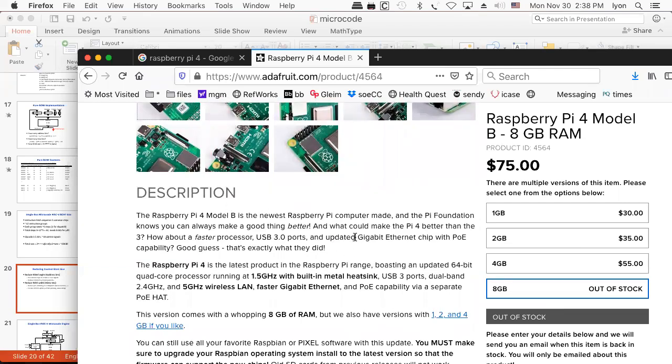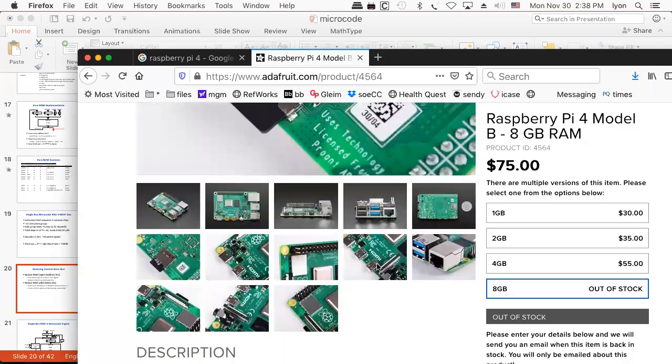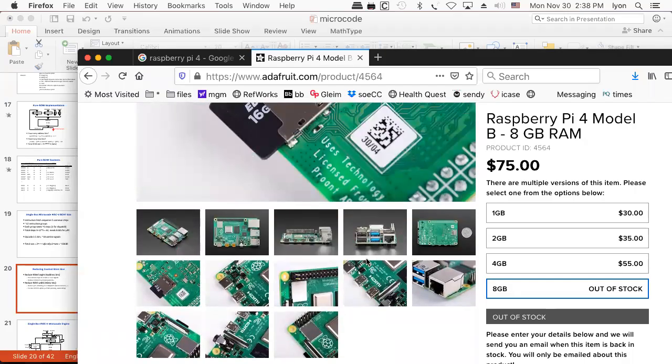Once they put gigabit Ethernet on here, and they put the USB 3.0, they basically gave you all the hardware you needed to make a functional storage area network disk controller. So you can basically add USB 3 hard drives and put them on the network. It's sort of like building your own little Time Capsule.